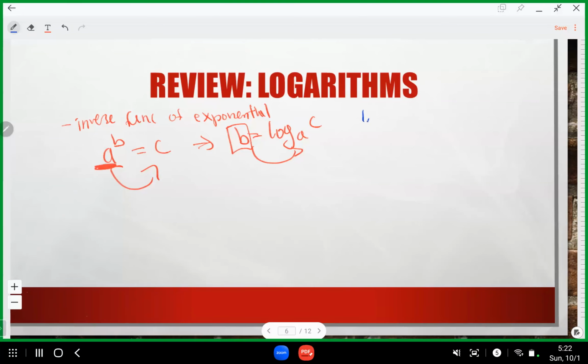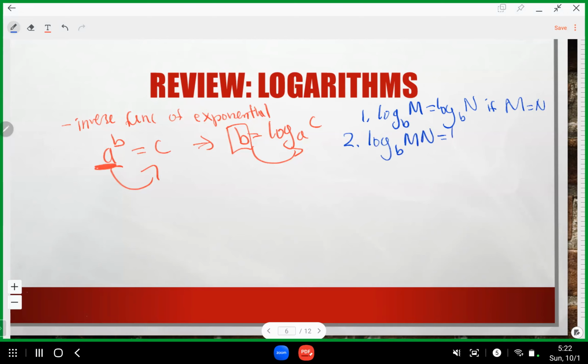So one we need is log base b of m is equal to log base b of n if m is equal to n. Number 2, someone brought up, is log base b of m times n is going to be equal to log base b of m plus log base b of n.